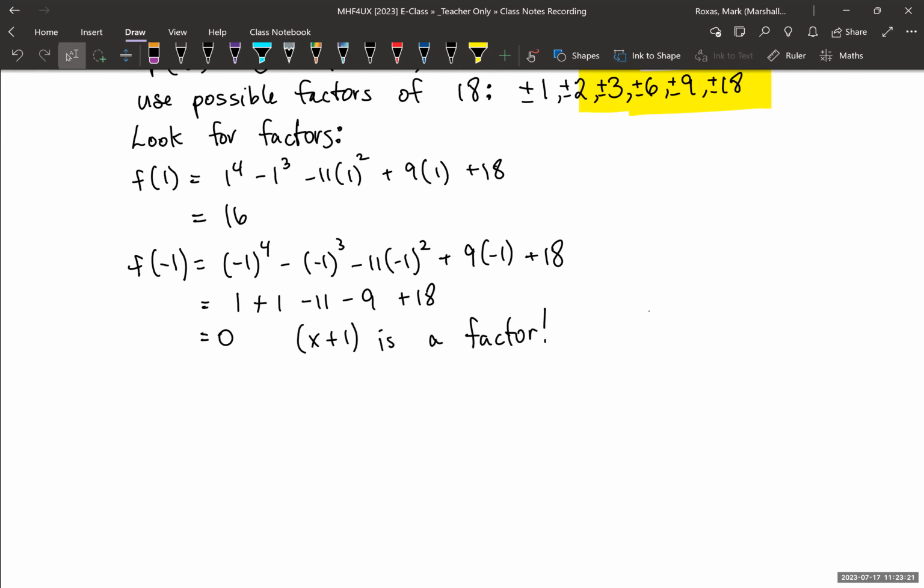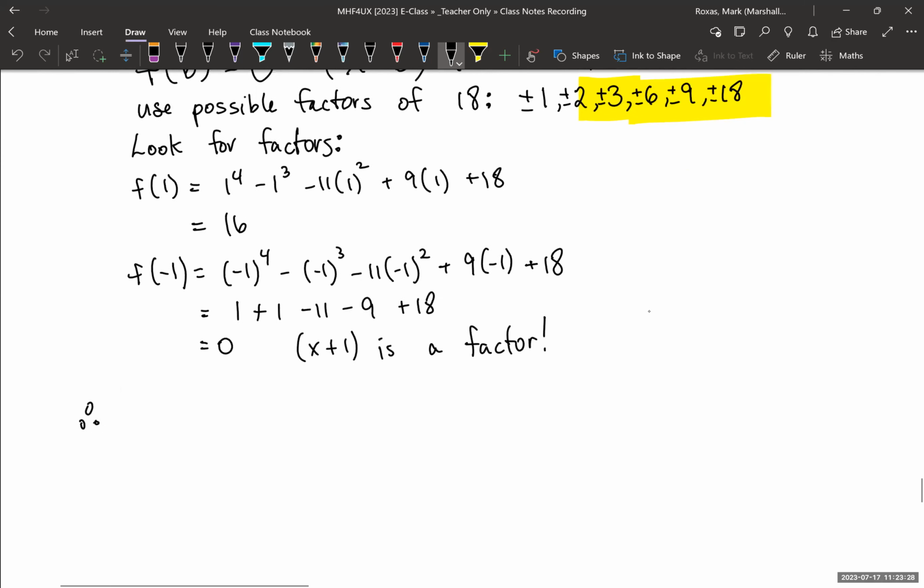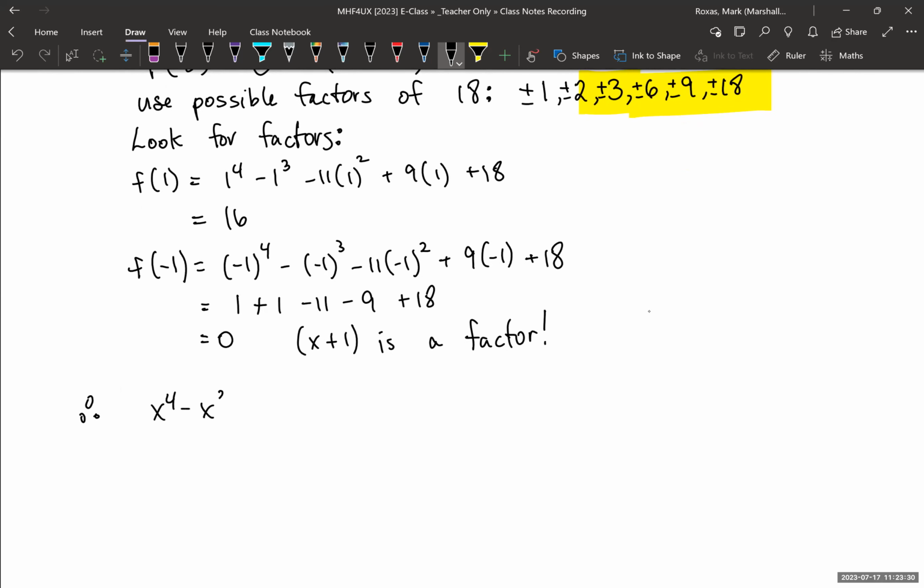So we're going to carry out the synthetic division of x to the power 4 minus x cubed minus 11x squared plus 9x plus 18 divided by x plus 1. Okay, and just don't get confused with the signs, please.